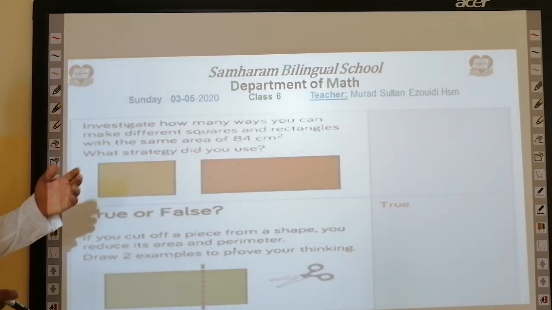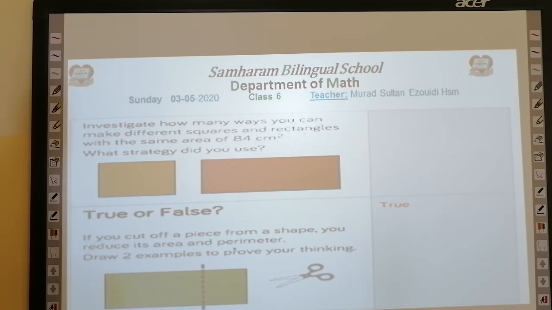Okay, the next example. Investigate how many ways you can make different squares and rectangles with the same area of 84 centimeters. So we will increase and decrease either the length or the width, and think of the factors of 84.